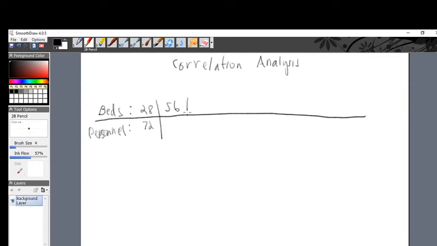The next hospital that they surveyed was 56 beds, 195 personnel. 34 beds was hospital number 3 with 74 personnel. 42 beds, call them nursing homes, call them whatever conveniently works for you, 211 personnel. 45, 145 personnel. 78 beds, 139.